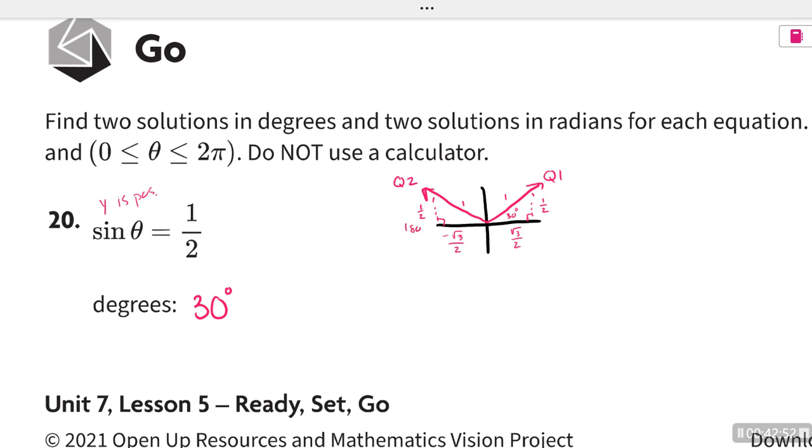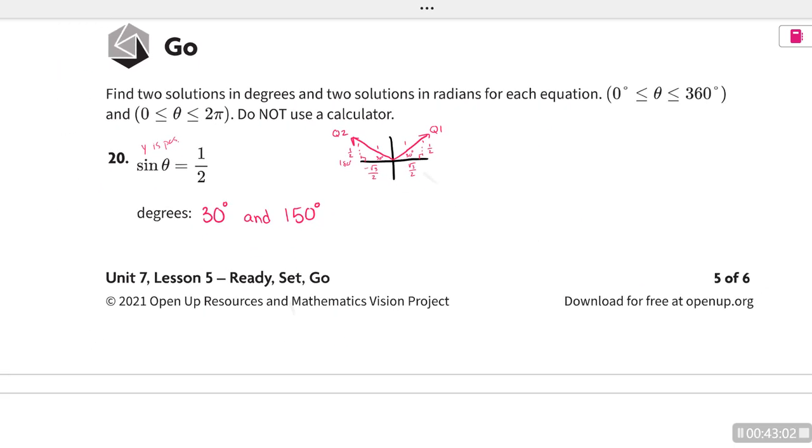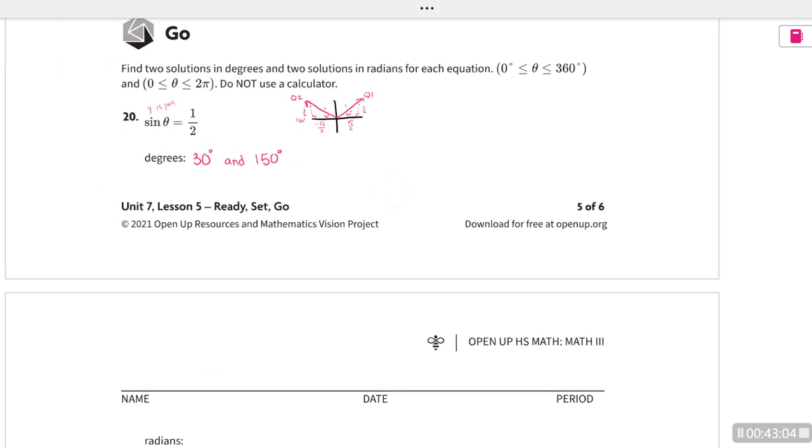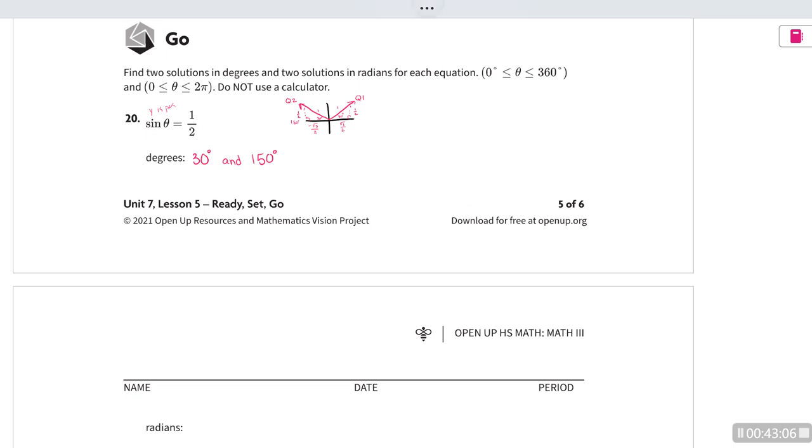Now if I know this is 180, and that angle is 30, we have to subtract, and we get 150. Now in radians, 30 is equivalent to pi over 6, and 5 pi over 6 is equivalent to 150.